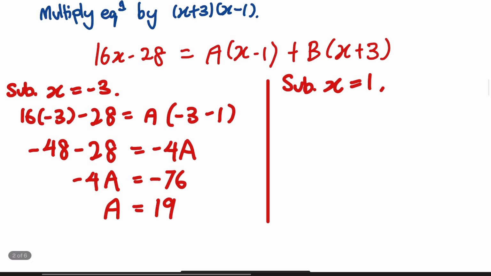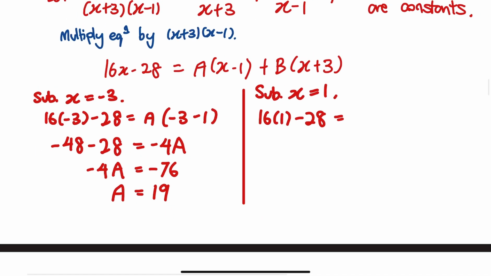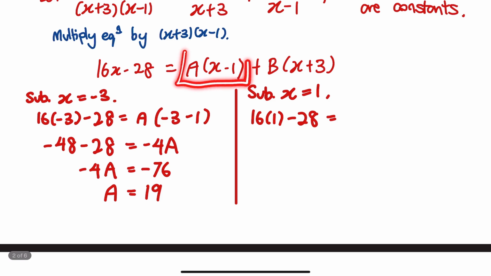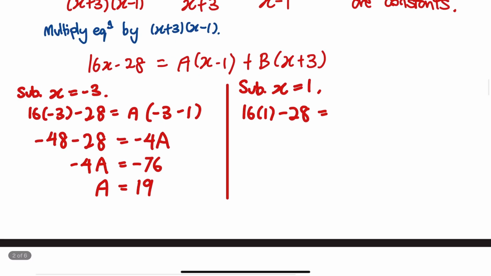Then my left side, 16 times 1 minus 28, will be equal to, this A will disappear because it's A times 0, which is 0. I will get B times (1 plus 3). So over here, I will get simply 4B, on the right side, and 4B equals 16 minus 28.